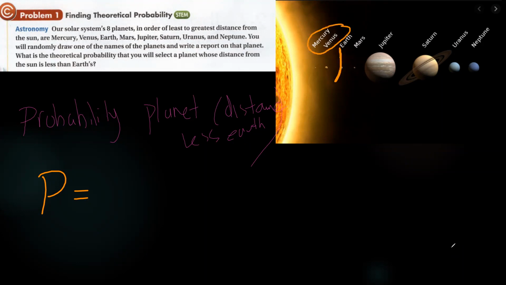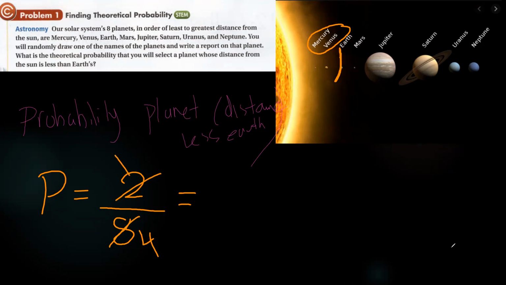Mercury and Venus. So how many planets are less than the Earth? Two. So my favorable outcome here is 2, over 8 planets: 2/8.